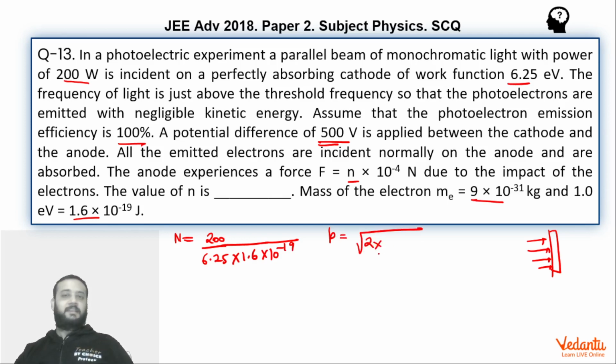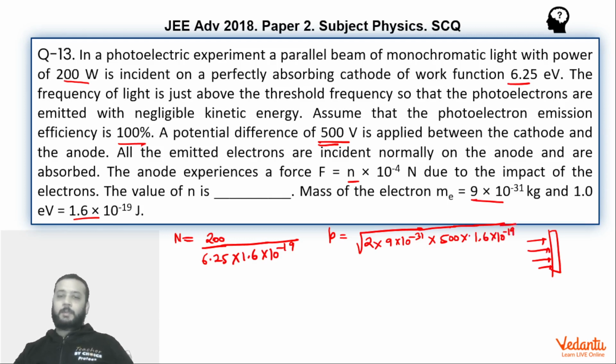We realize that the relation between kinetic energy of a particle and the momentum of that particle is P equals to root 2 mKE. Mass of the electron is 9 into 10 to the power minus 31. Kinetic energy of the electron would have been 500 electron volt. So 500 into electron volt is 1.6 into 10 to the power minus 19.